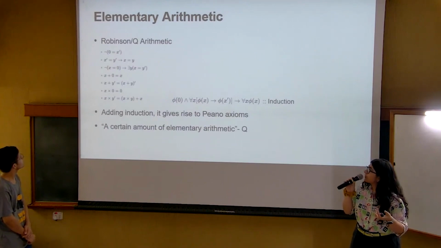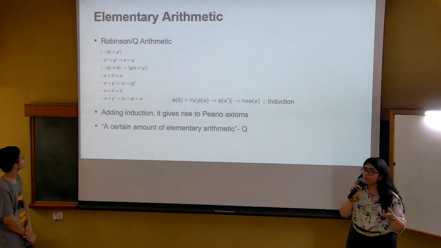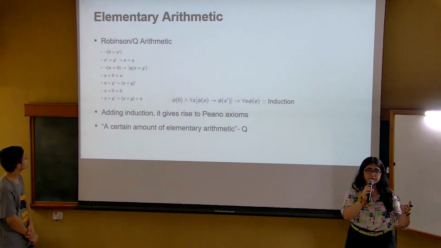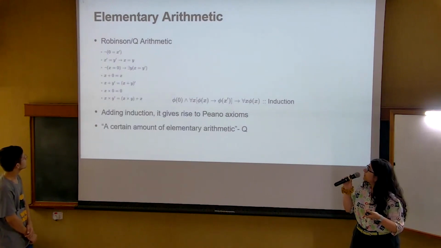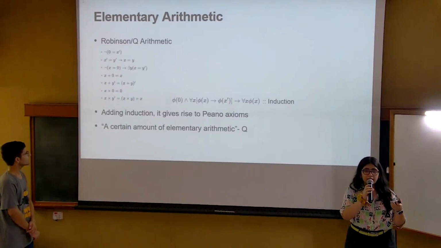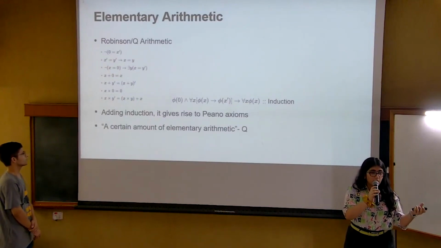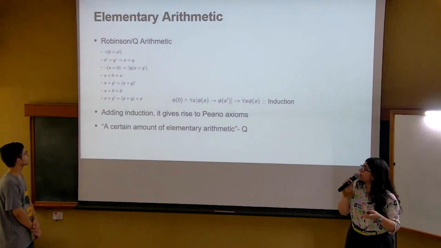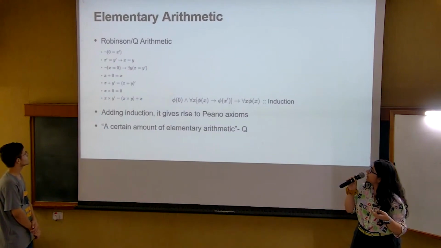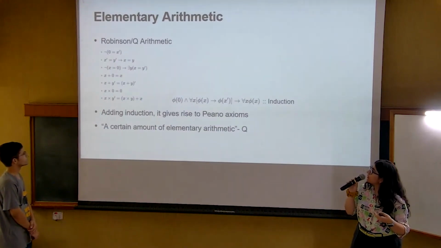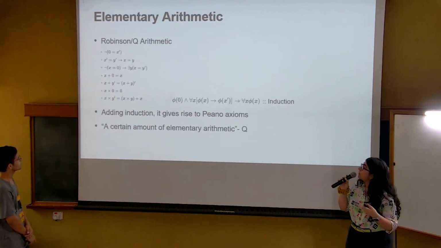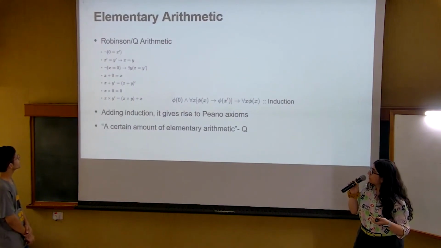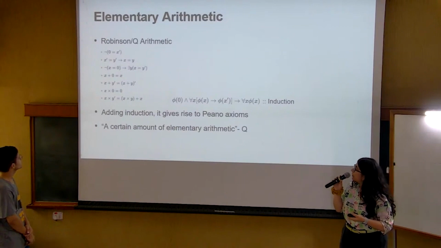The second axiom is based on a one-to-one property, which states that if the successor of x and the successor of y are equal, this would imply that x and y are equal as well. The third axiom states that an element in the set is either 0 or a successor of some other element. The next two statements are based on the recursive definition of addition. The last two are based upon the recursive definition of multiplication.